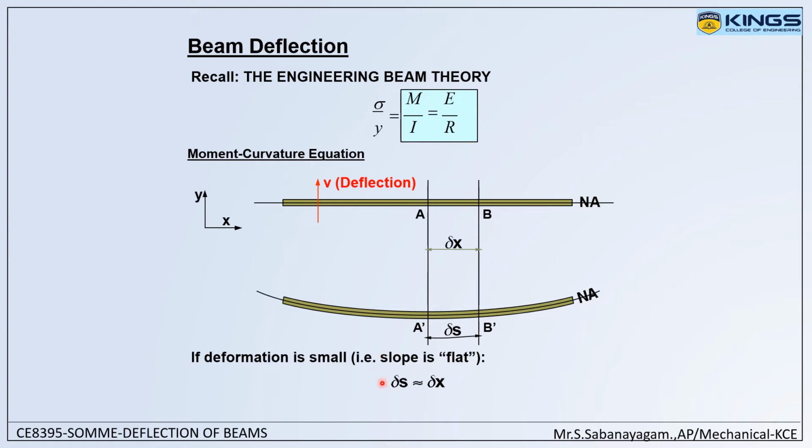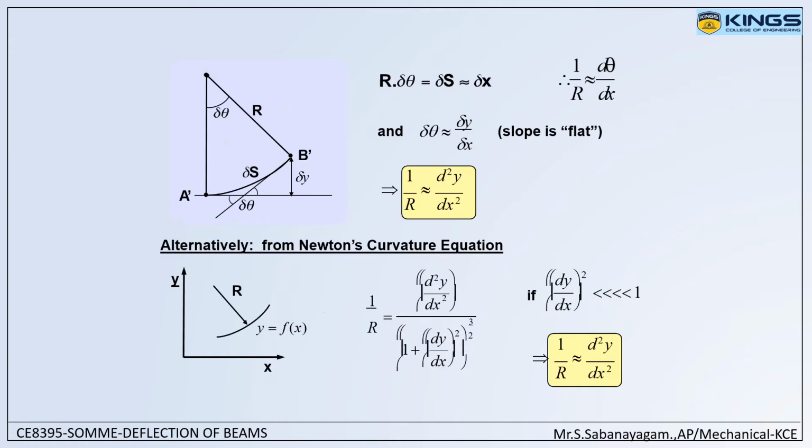If the deformation is small, that is del s is small, there will not be any y, that is deflection, hence ds becomes dx, that is a flat one. So from the previous image, the applied load between the points A and B is taken.